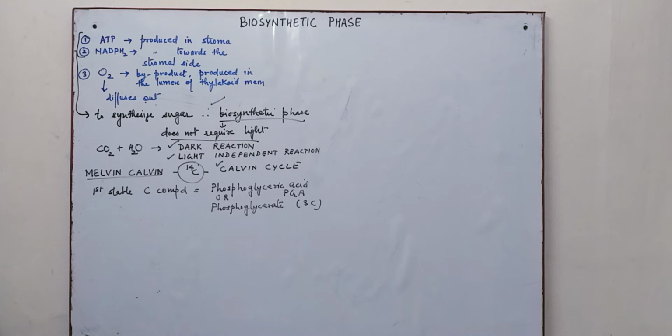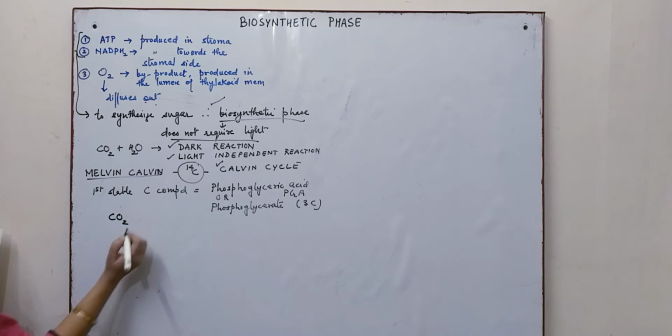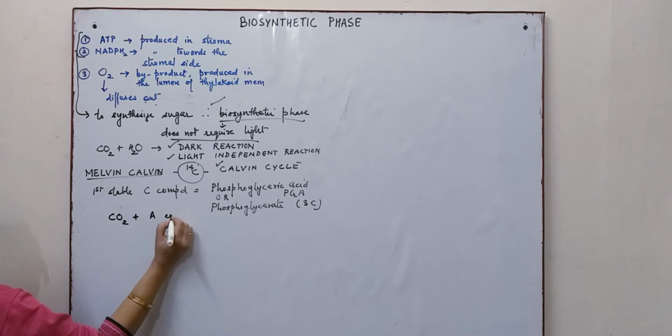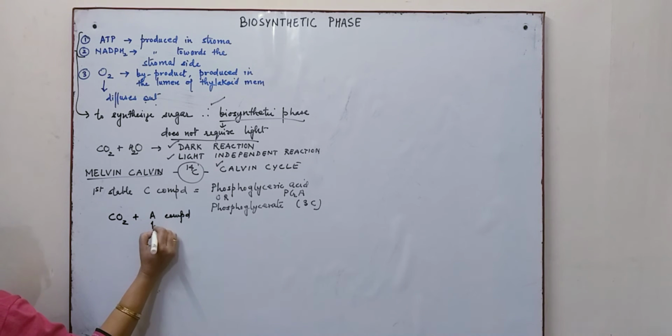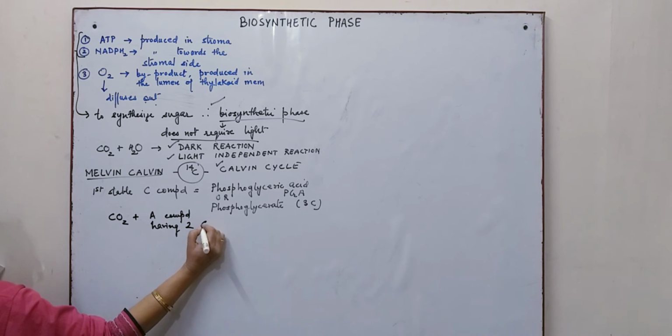Initially it was believed that this PGA is formed when carbon dioxide from the atmosphere combines with a compound having two carbon atoms.